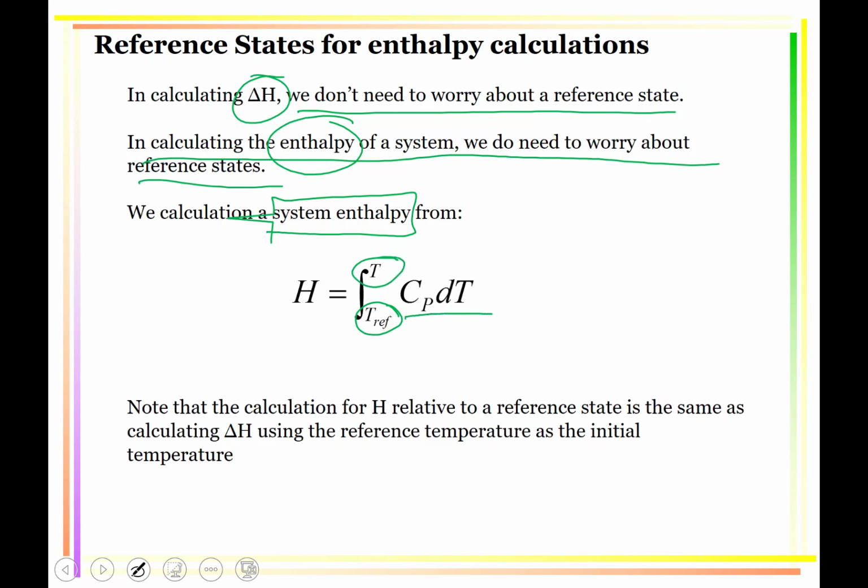How do we do that? It's exactly the same calculation as we did to calculate the delta H from an initial temperature to a final temperature. You simply plug in the reference temperature as the initial temperature.